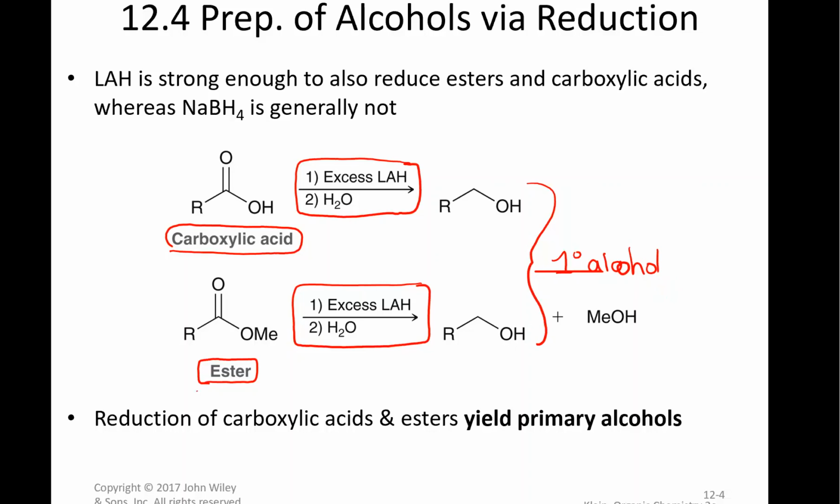The mechanism of the reduction of a carboxylic acid with lithium aluminum hydride will be covered in a later chapter. But we will go over the mechanism of the reduction of an ester with lithium aluminum hydride. Notice that it says excess lithium aluminum hydride, and that's required because we will need at least 2 equivalents of the reducing agent to produce the product in the end.